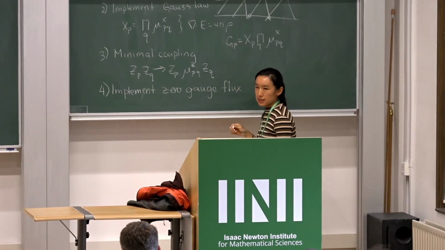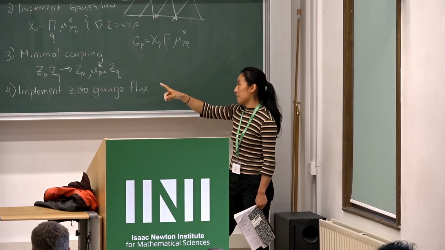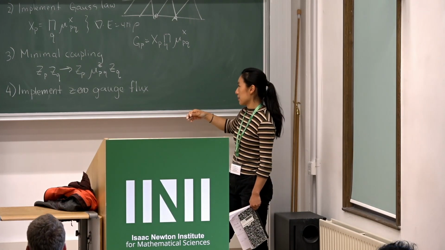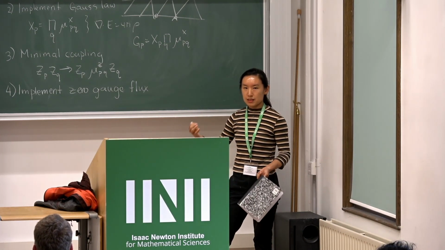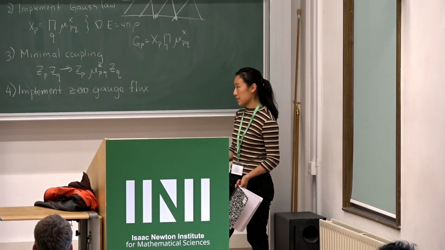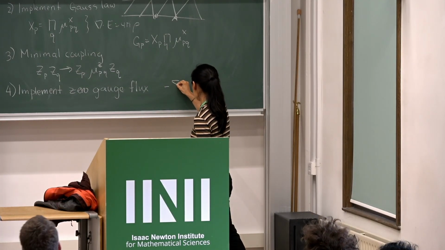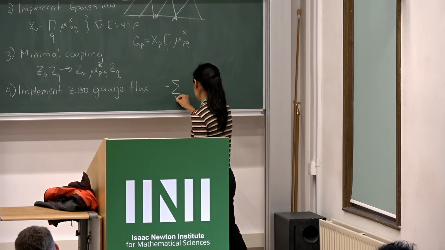So we want the ground state to have no gauge flux, because when we introduce these new gauge field degrees of freedom, they give us many different kinds of states with different gauge flux. If we want to isolate a ground state with zero gauge flux, then we will add to the Hamiltonian this term over E.